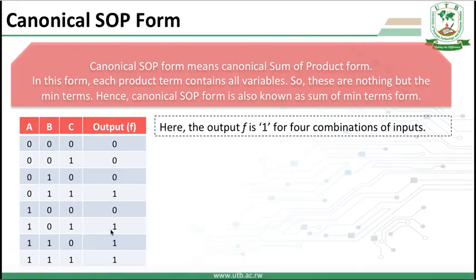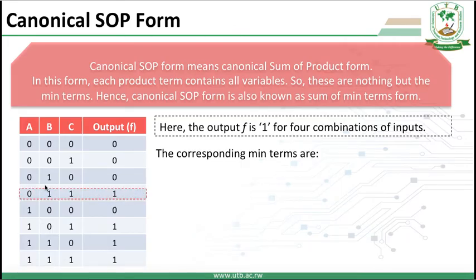In this output column, we have 4 combinations with 1 as the output. So the corresponding min terms, because in SOP we have min terms and in POS we have max terms, are for this combination of inputs, because here we have 1 as the output.